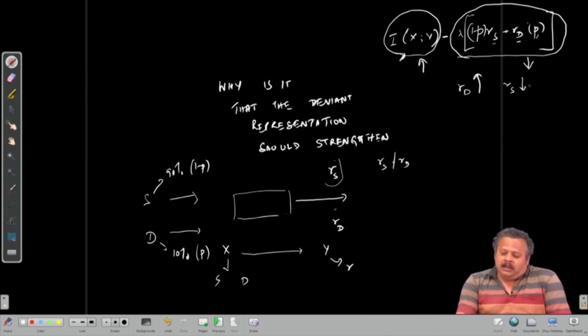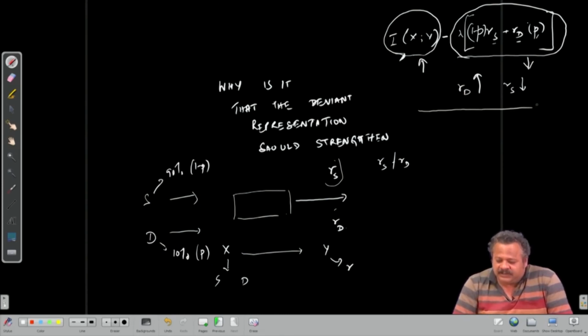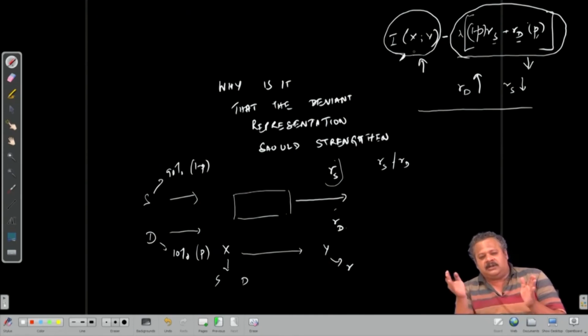So, the simple, intuitive explanation is that, in order to maximize the mutual information between x and y, we need to have larger and larger separation between Rs and Rd.